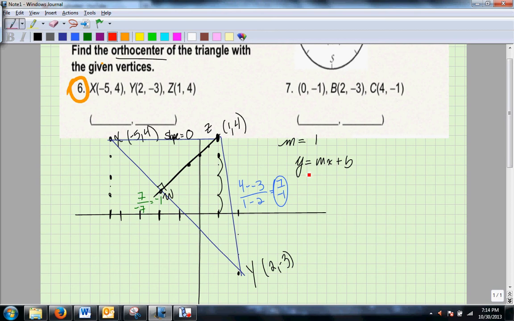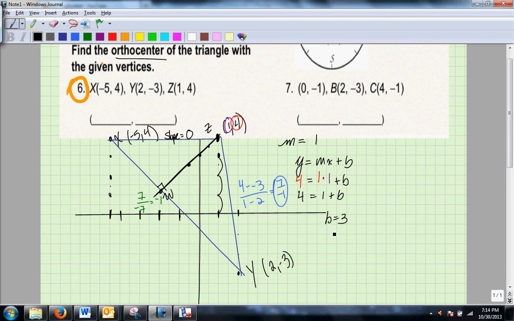And my slope is positive 1. My x is positive 1. My y is positive 4 equals, and my b. And then you solve. And of course that's going to be 4 equals 1 plus b, minus 1 both sides, b equals 3.